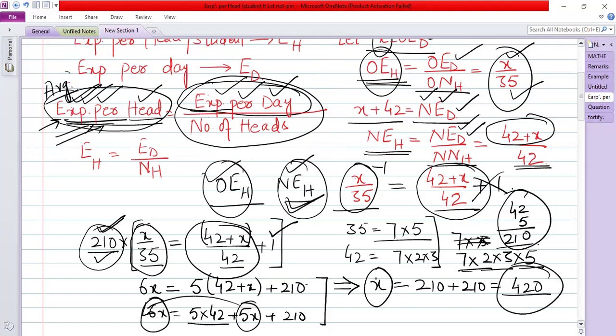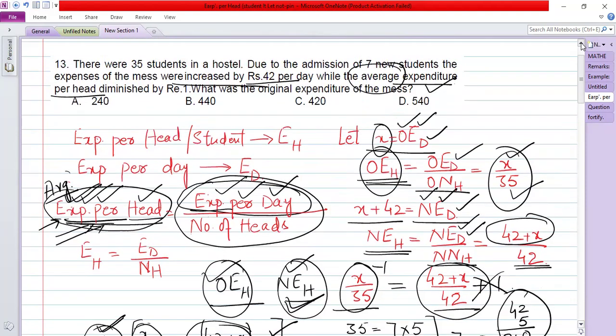Obviously, because X here is the original expenditure per day. So let's go back and you can see this X. That's why this is the answer here. So this was the second method of solving this question.